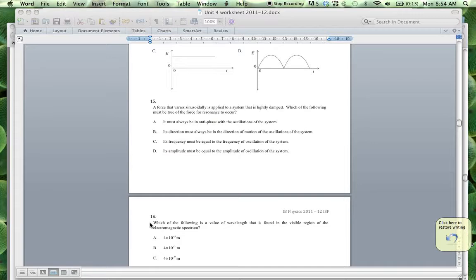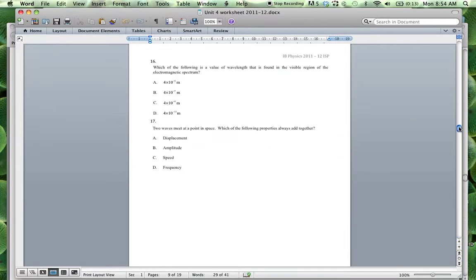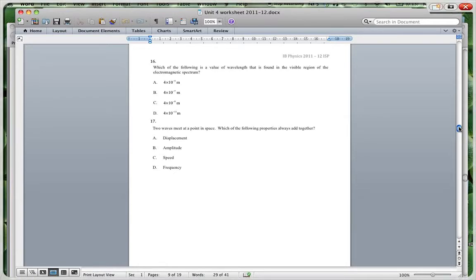And then for 16, which of the following is the value of wavelength that is found in the visible region of the electromagnetic spectrum? I'm afraid you just got to know these values. It's a little bit rough, but you just got to know them.